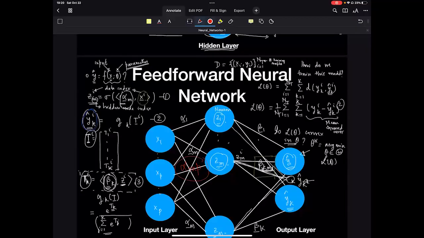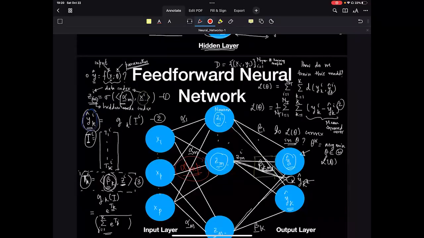So alpha MP is going to appear where? In ZM. In ZM, but we are interested in the influence of alpha MP on the output nodes. Sir, if we are considering the output nodes Y1 and YK, in both, ZM is influencing. Correct, exactly.